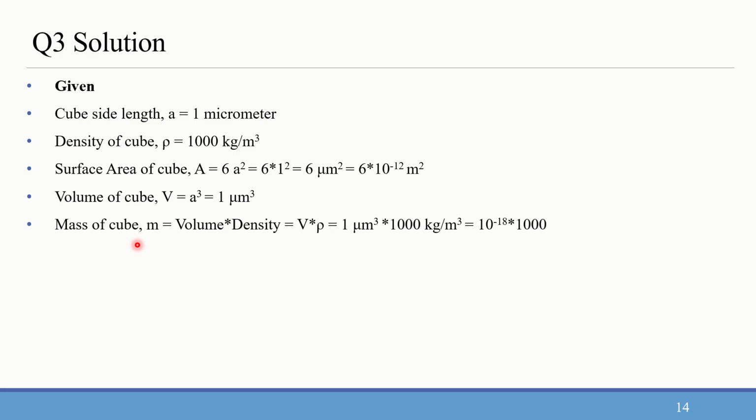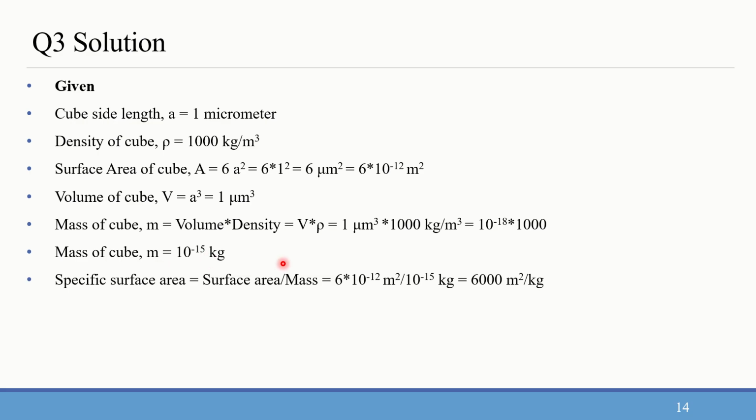Volume here we have in micrometer cube and density is in kg per meter cube. Since we cannot do anything with that, we have converted micrometer cube into meter cube. So it is 10 power minus 18 meter cube into 1000 kg by meter cube. And mass of cube, therefore, is m equal to 10 power minus 15 kg.